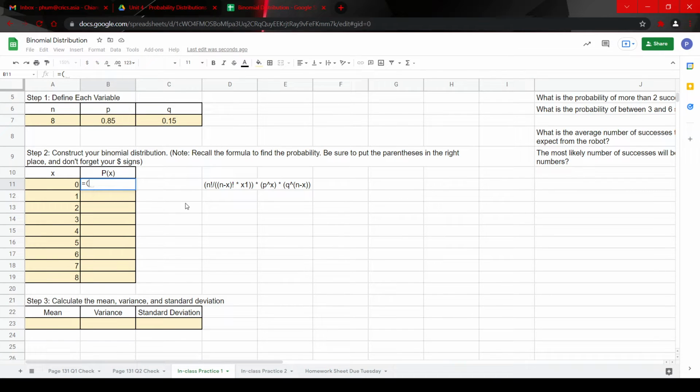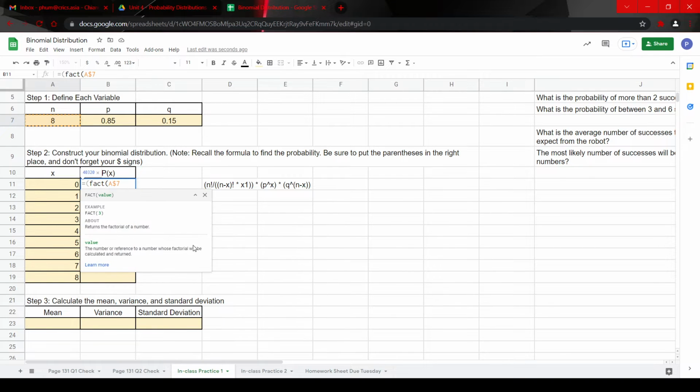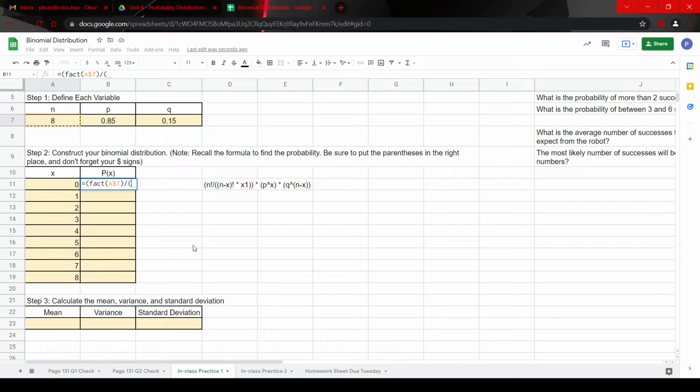In this case, my n is in A7. I don't want this to be moving. N will always be at A7, so it's really A$7. And I want to do the factorial of that. So FACT(A$7) divided by parentheses, again, A$7 minus our x, which is in A11.